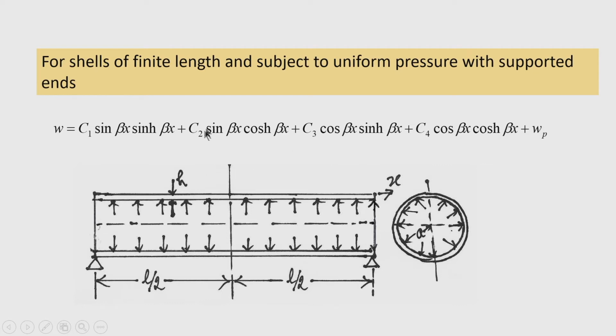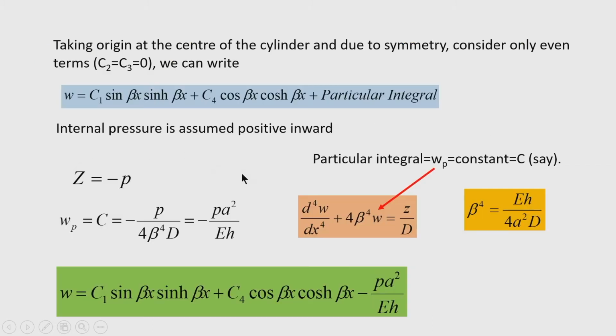So, we shall drop the constants C2 and C3, that means, we need not consider the terms containing the coefficients C2 and C3, because our problem is symmetrical and we take only the even functions in the expression of deflection.